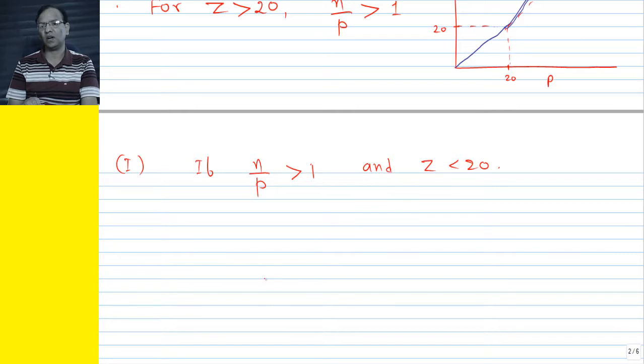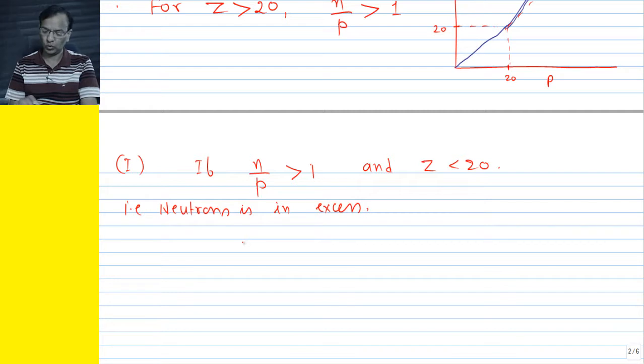So if N by P is greater than 1, it means neutrons are in excess. Then some of the neutrons will be converted into protons.